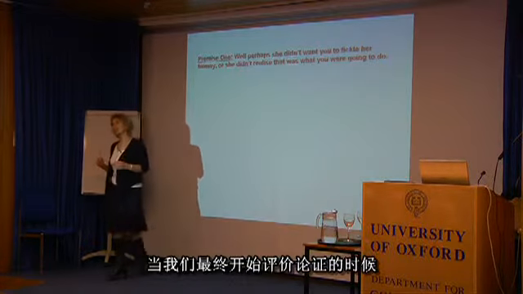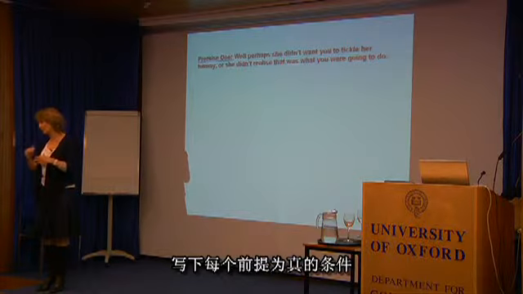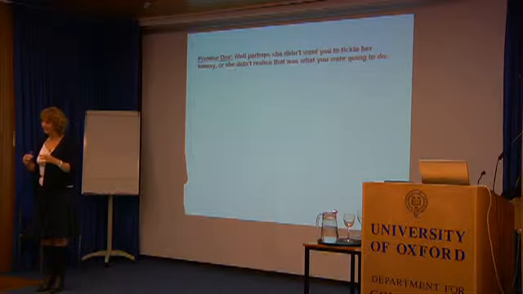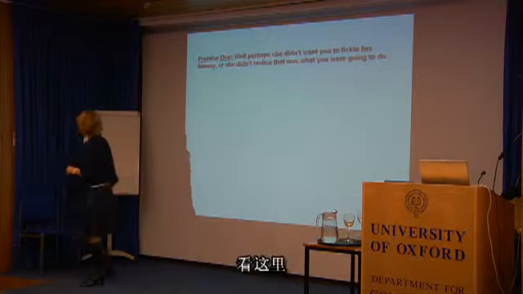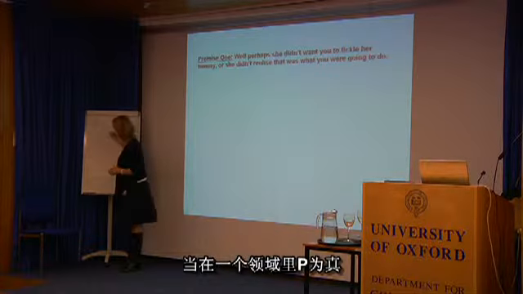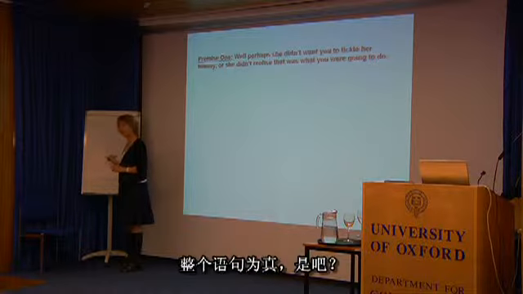When we eventually get round to evaluating arguments, what we try and do is to set out the conditions under which each premise is true, so we can then set out the conditions under which they're all true together. Okay, don't worry about how we do that at the moment, it's just that's what we try and do. Now, if I look at P and Q, I can say, well, this whole sentence is true, isn't it, if there's one world in which P is true and Q is true.